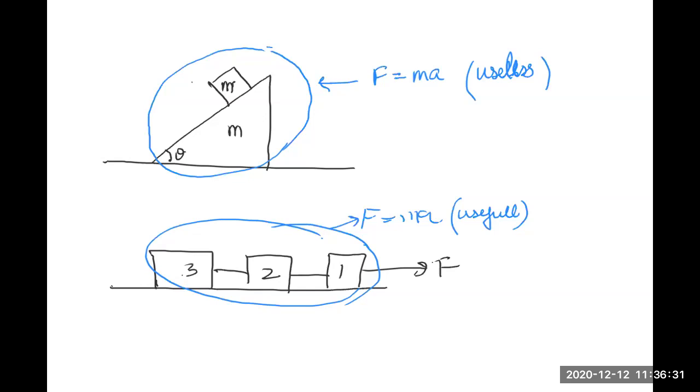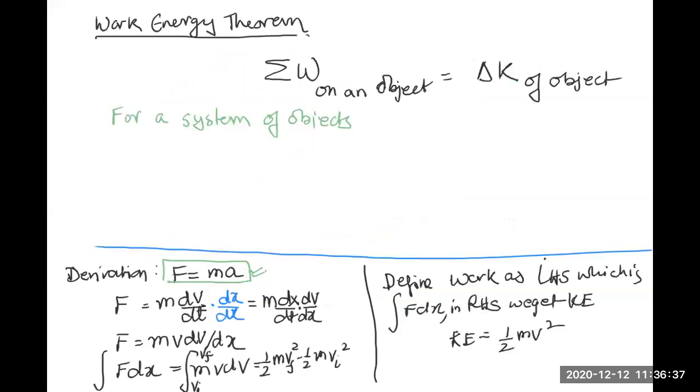But the work energy theorem, which is just a rehash of F is equal to ma, apparently has no reservations, no problems in application on a collection of point objects.